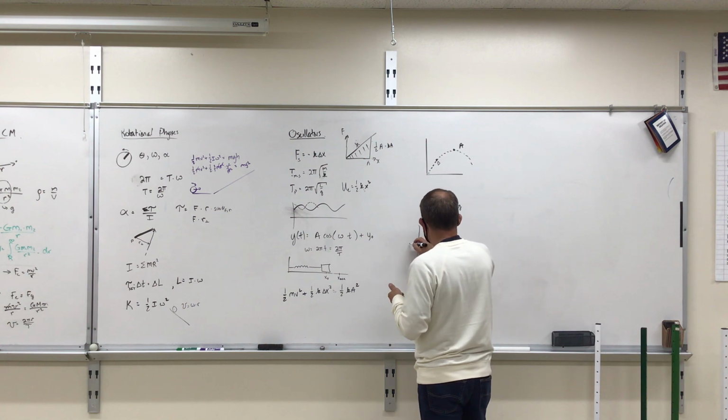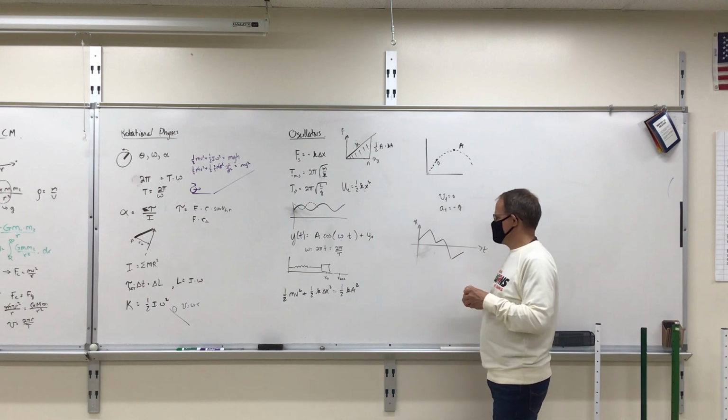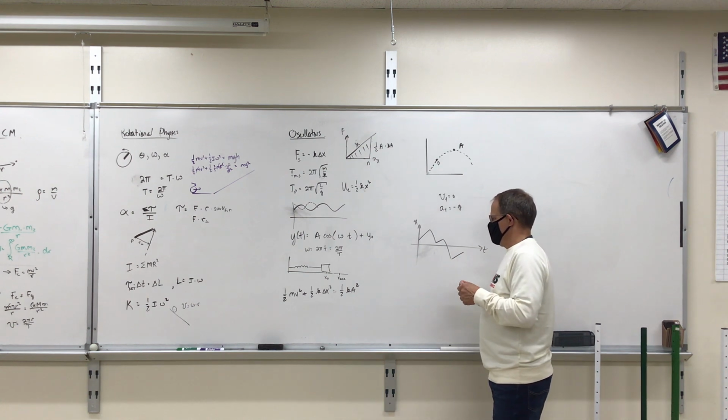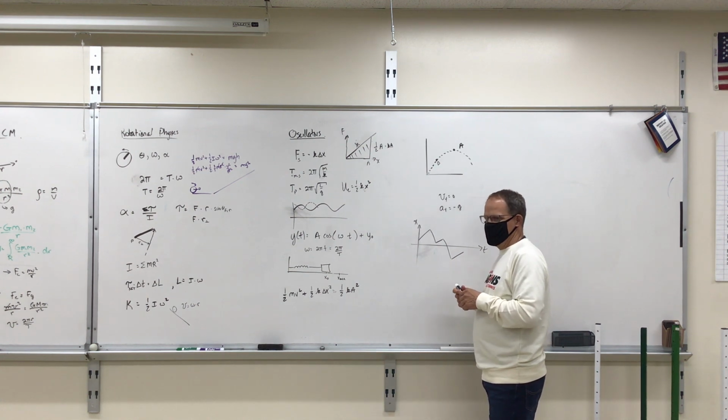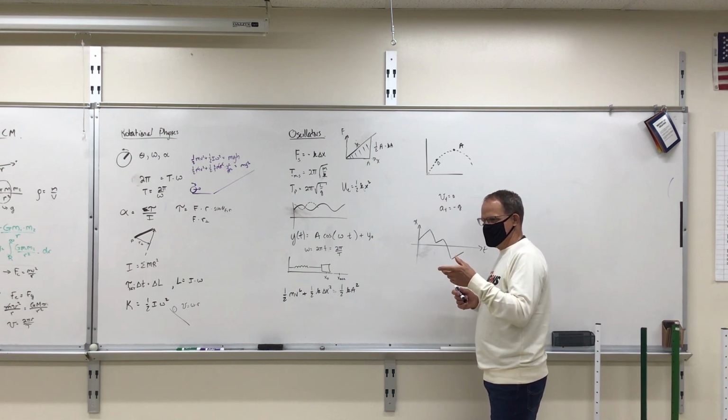It seems like this is usually where you have some sort of graph showing the position of an object. It goes like this. How many times does this object change directions? You just have to think: what does it mean to change directions?